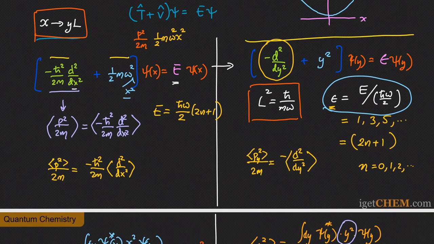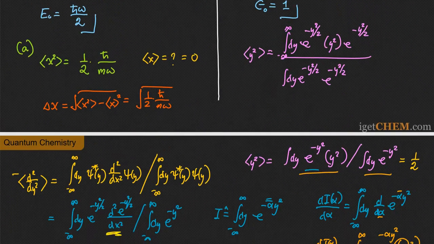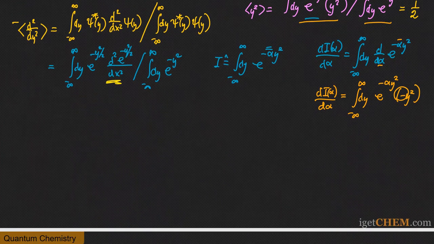This is the equation. So I'm going to take that equation and rewrite it so that we are clear what we are looking at. So this is for the first eigenfunction.